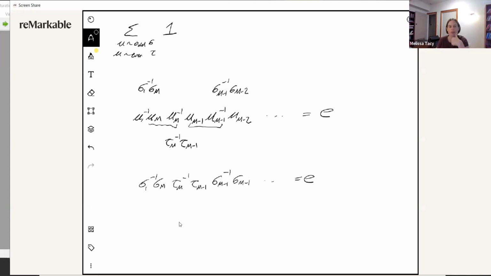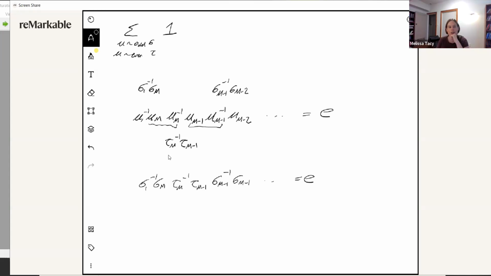The number of elements says, well, if I've got a fixed sigma and tau that obey the necessary condition, how many mu can I sum over? Well, it's all of the mu that satisfy this relationship. And there's only really one degree of freedom. Once I, for instance, know mu 1, then I know what mu m is because I know what this transition is. Once I know what mu m is, I know what mu m minus 1 is because of the tau transition, and so on and so forth.